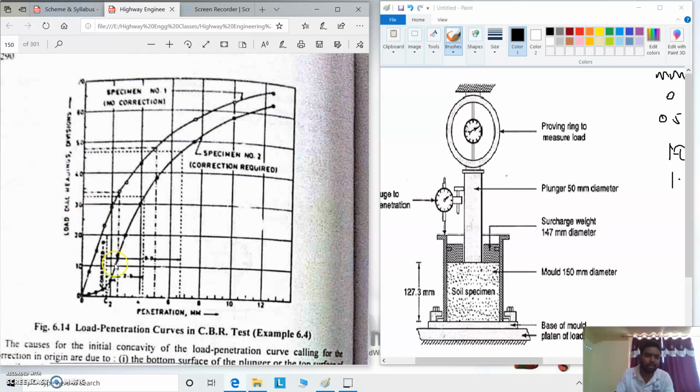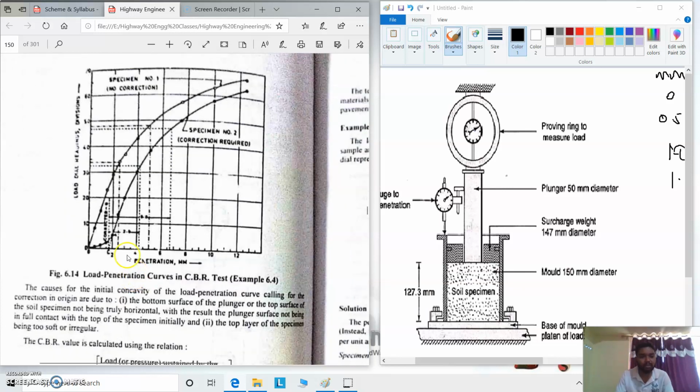That is what the correction is. Remember, if you get a curve with convexity at this position, you take a tangent to cut the x-axis, and that point is considered 0 only for specimen 2, not for specimen 1. Specimen 1 is measured from the 0 origin only. Specimen 2 is measured from this new origin, right?